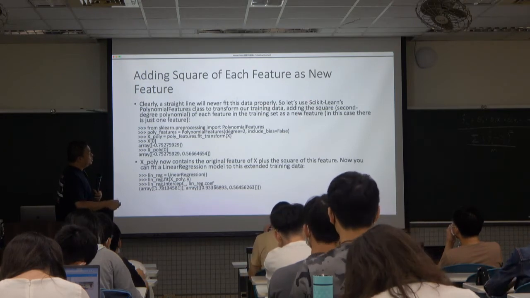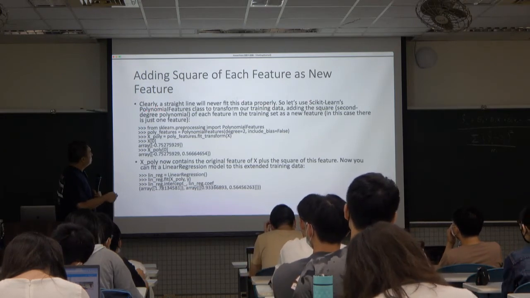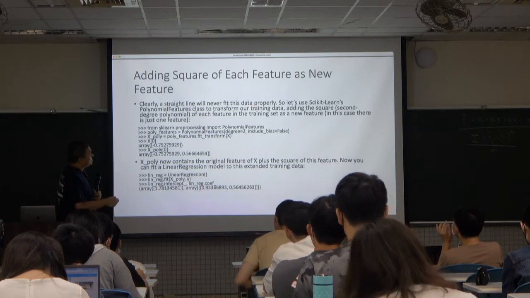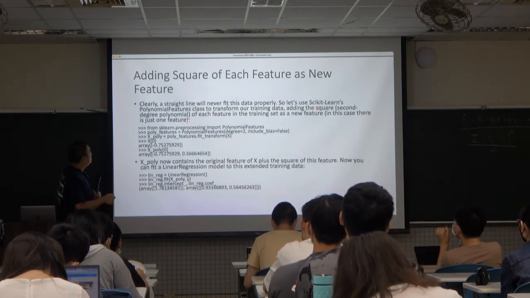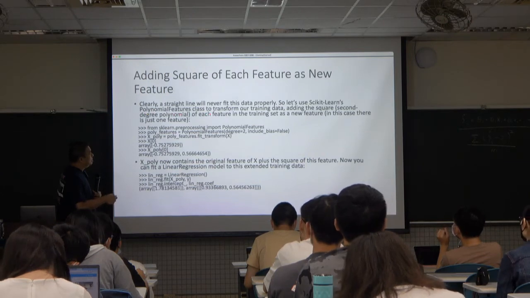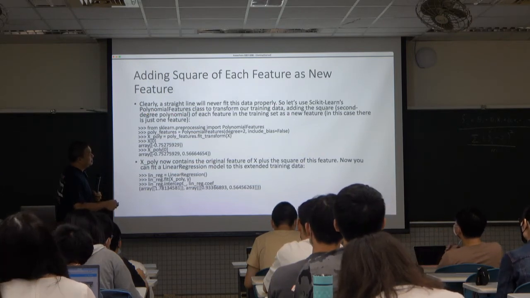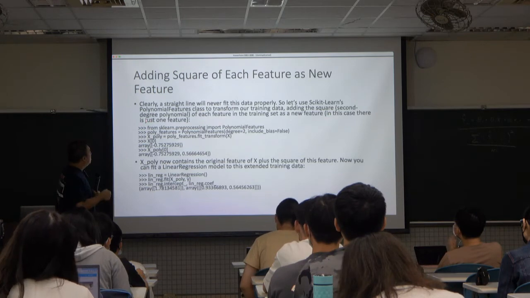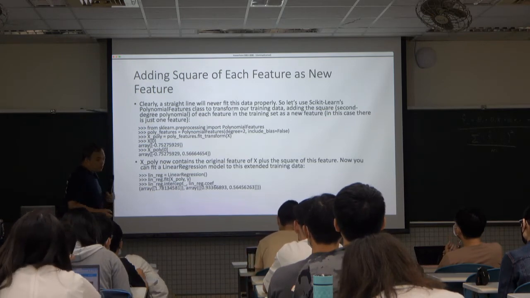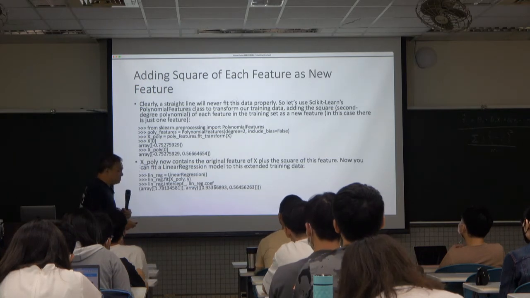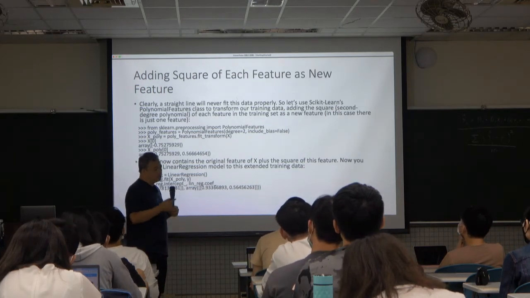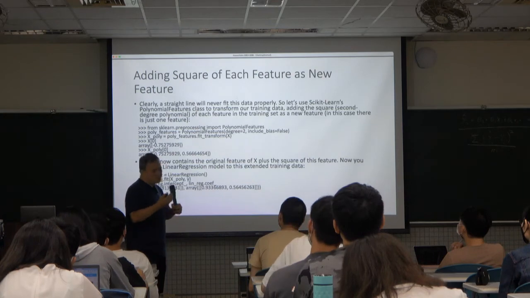So we can use the polynomial feature class to transform the training data, adding the square, the second degree polynomial, of each feature in the training set as a new feature. Now because we only have one feature, the square term that we add is just the square of that feature.